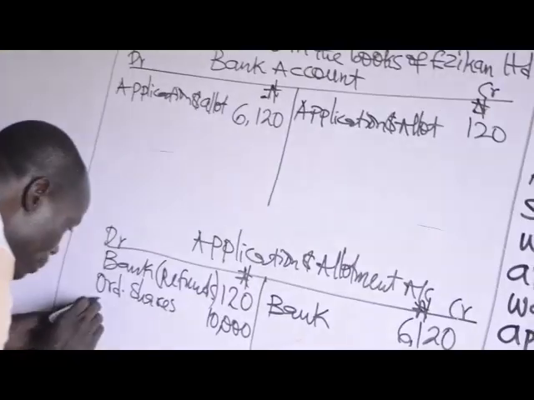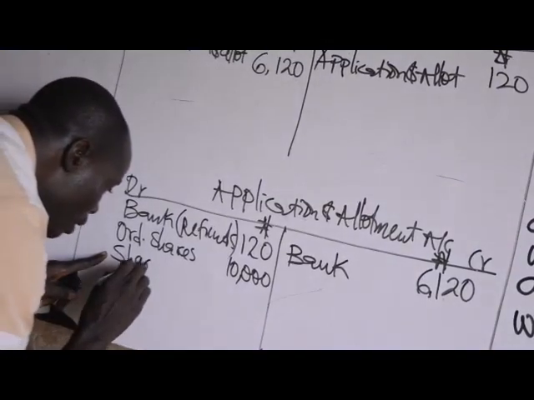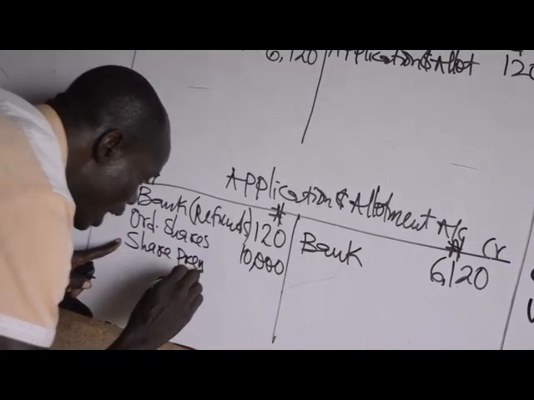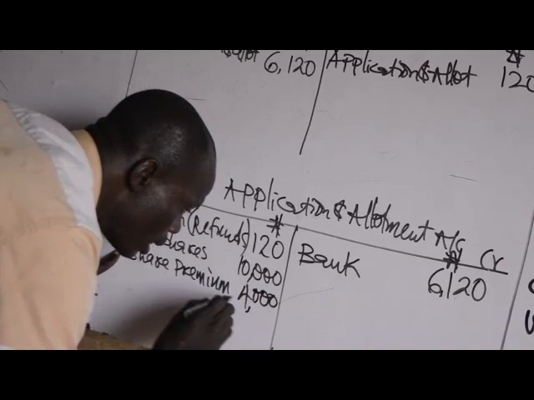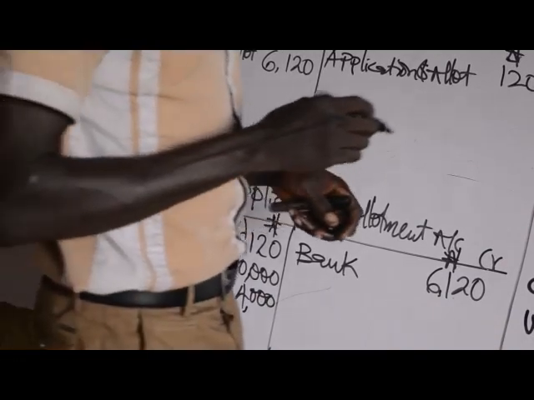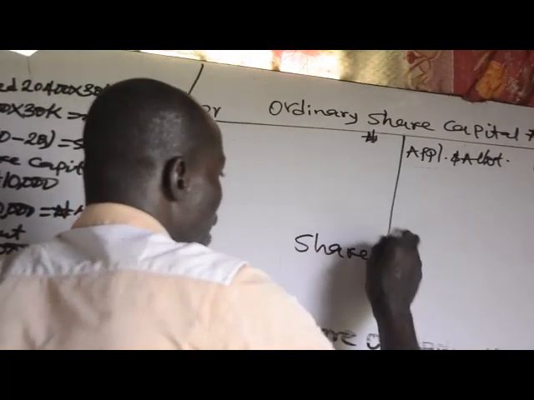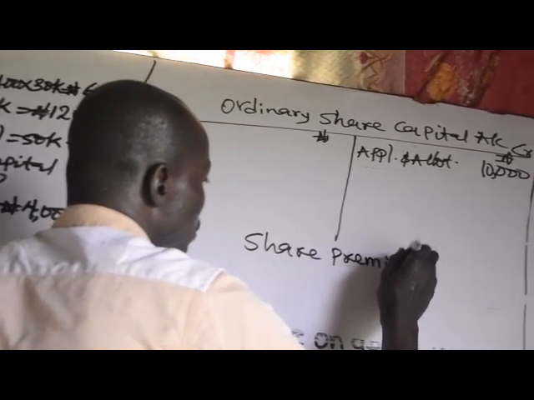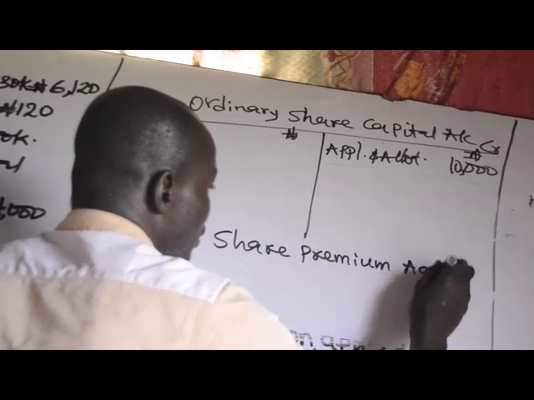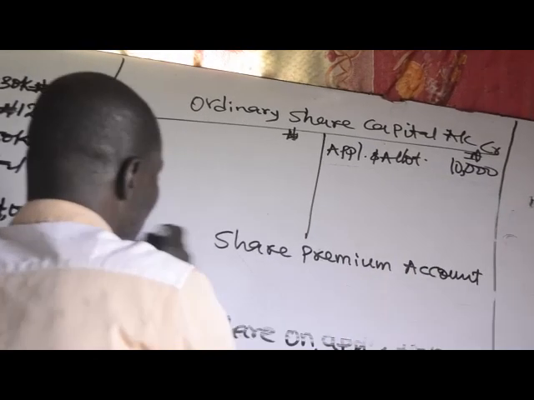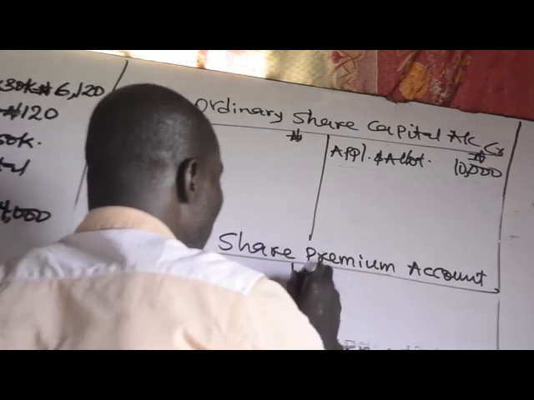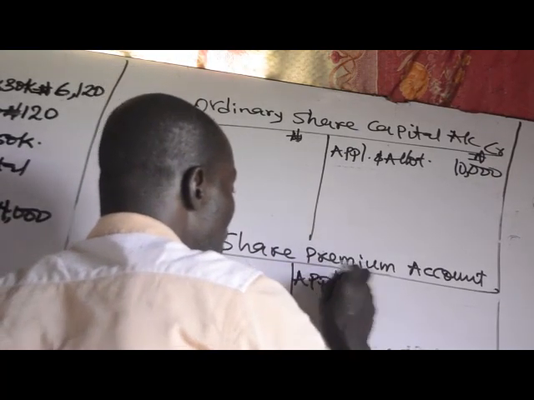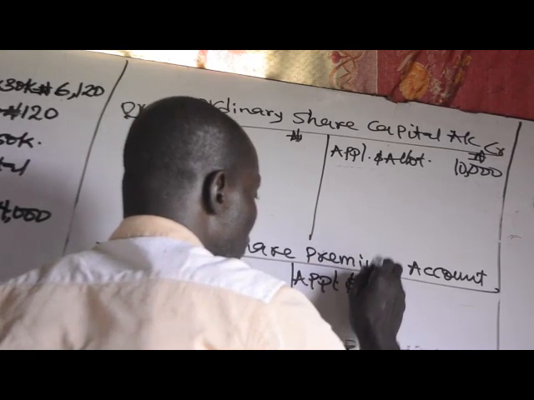So you debit application and allotment account with 4,000, and you credit the share premium account.